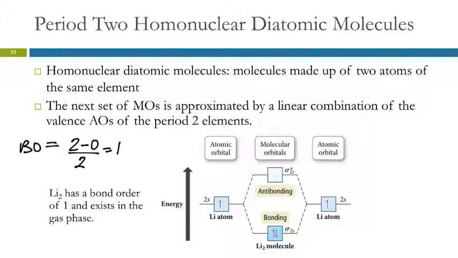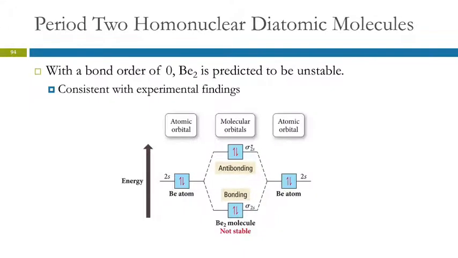Like I said, we're looking at some really weird molecules and ions. So, beryllium. Beryllium has 2 valence electrons. They're both in the 2s orbital. And we're combining these same 2s orbitals. We're going to get the sigma 2s and the sigma star 2s. But now when we fill the molecular orbitals, we've got 4 electrons.